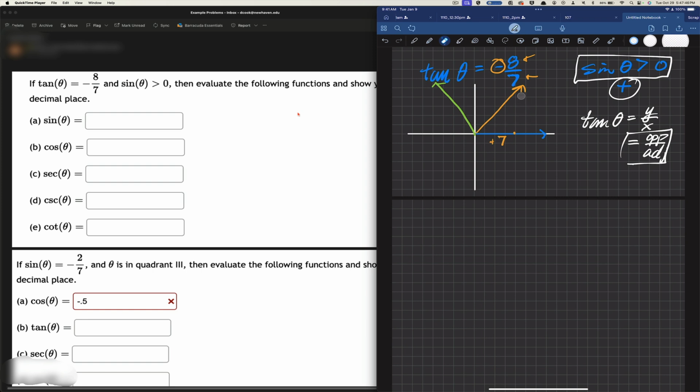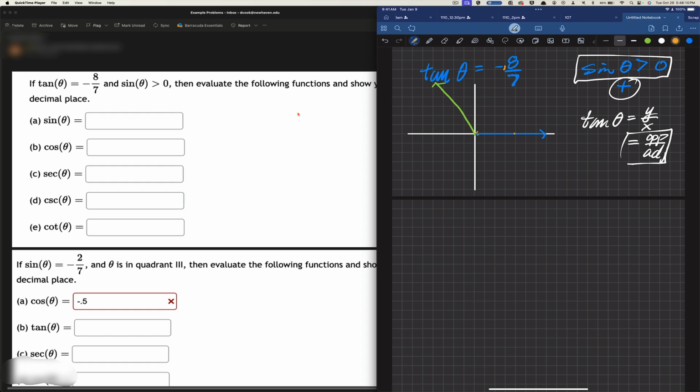This really means that the angle that we're talking about is the green one over there in the second quadrant. And so that second piece of information is trying to help us distinguish between two different possible angles that could have tangent of that angle equal to negative 8/7. By the way, the other angle that could have negative 8/7 as its tangent would be in the fourth quadrant.